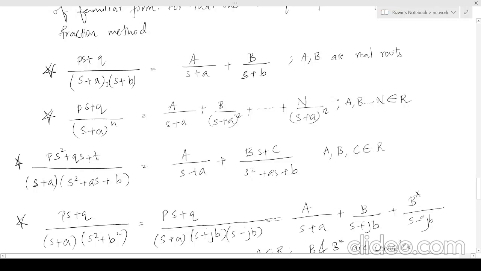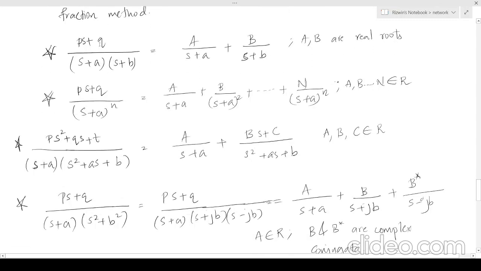If you could find two real roots for the equation, then split it in the form of the roots s plus a and s plus b, and by the partial fraction method you could rewrite the whole term as A by s plus a plus B by s plus b, where A and B are real numbers, and we have to find the values of A and B by some technique, maybe the Heaviside method or the cross multiplication technique. We will be discussing one technique in this lecture.